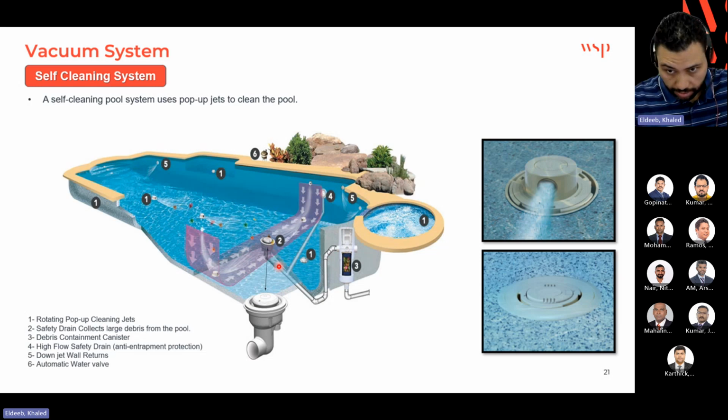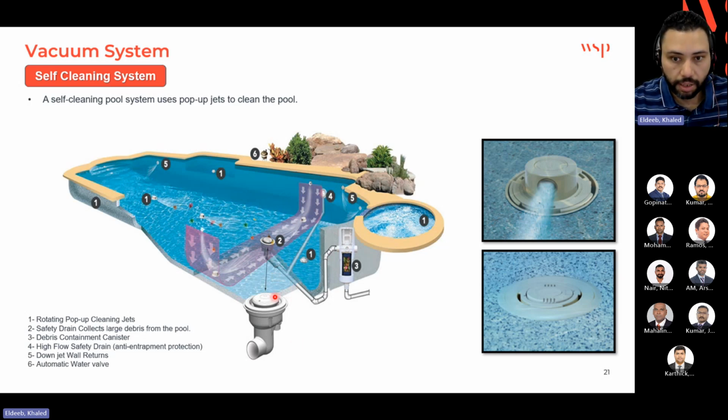So we need to know that this system is actually good for large debris only, because over time the accumulated sticky fine dirt requires manual brushing, which returns us back to the manual vacuum system that I explained in the previous slide. So this system is not commonly used, as it also complicates the pool piping system.